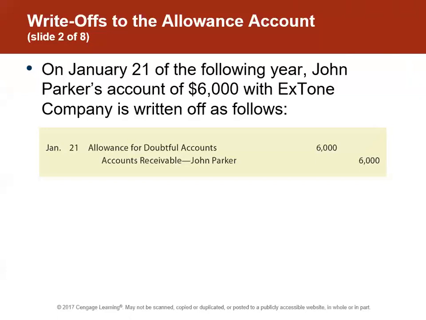And I credit accounts receivable, the 6,000 that I'm directly identifying as John Parker. So accounts receivable is now 194,000. But it doesn't change how much I think I'm going to receive total. My net accounts receivable is still 170. Okay, so it's not changing how much I anticipate I'm going to write off. So that's a big concept. If you can understand that, it'll make the rest of the process a little bit easier. So are there any questions on that?